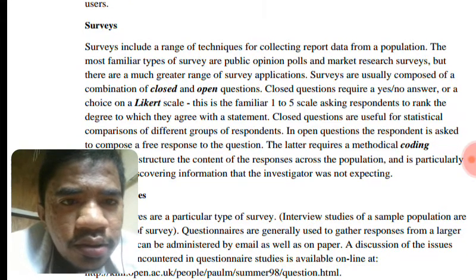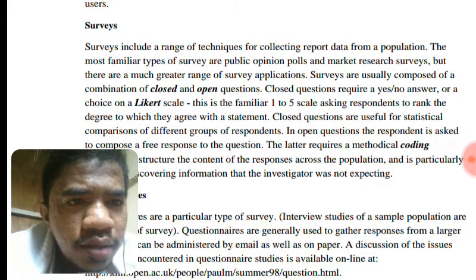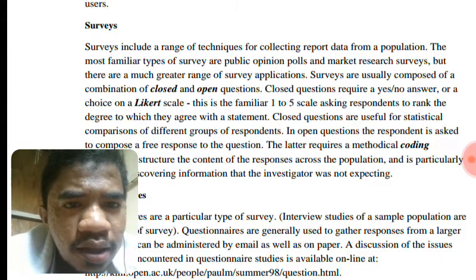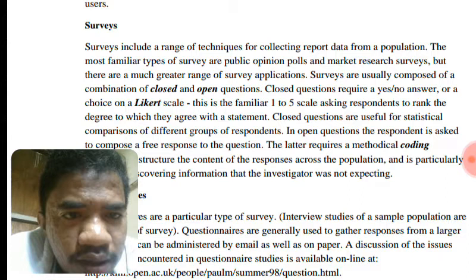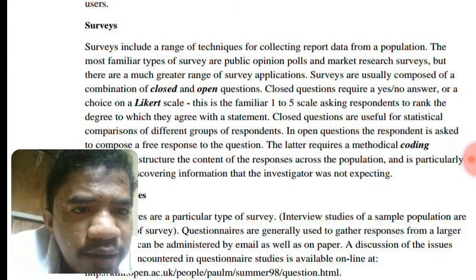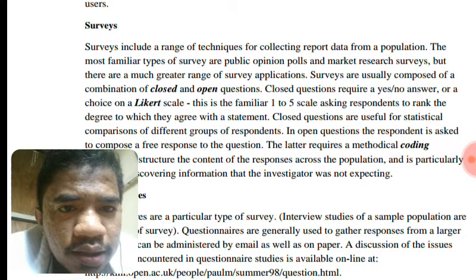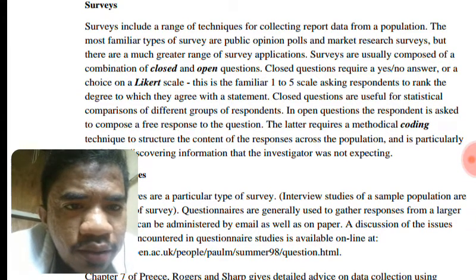Surveys. Surveys include a range of techniques for collecting report data from a population. The most familiar types of survey are public opinion polls and market research surveys, but there is a much greater range of survey applications. Surveys are usually composed of a combination of closed and open questions. Closed questions require a yes or no answer or a choice on a Likert scale. This is the familiar 1 to 5 scale, asking respondents to rank the degree to which they agree with a statement.